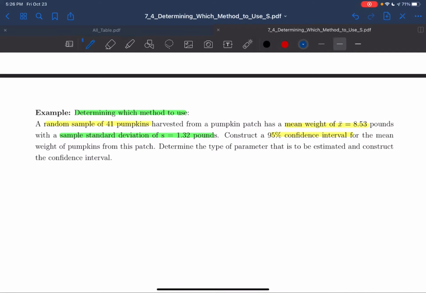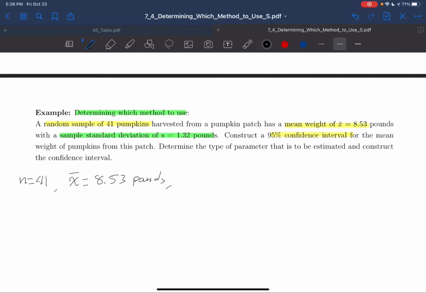So let's gather all the information that we know. We know that our sample size is 41, because we had a random sample of 41 pumpkins. They give us that the mean weight is 8.53 pounds.